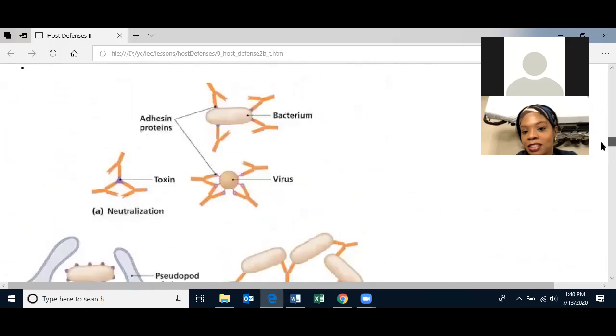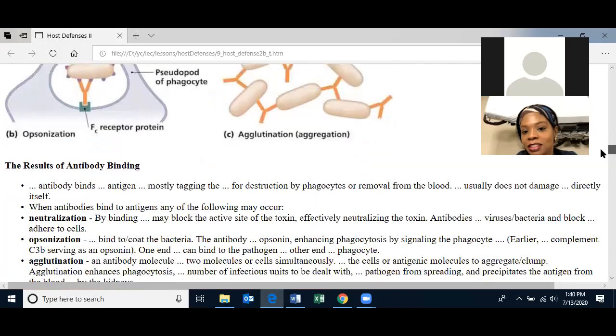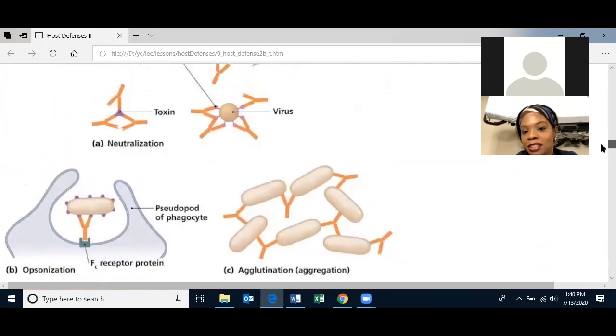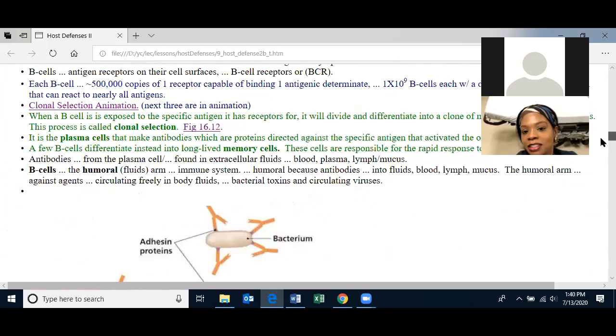The next one I don't have a picture to exactly, although this can sort of show it. And that is that when the antibody binds to the antigen, let's show it here.